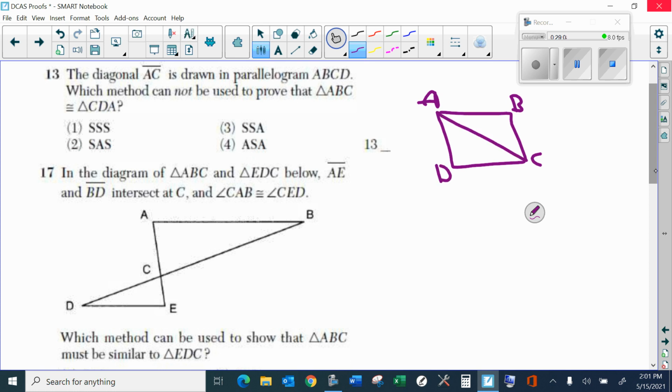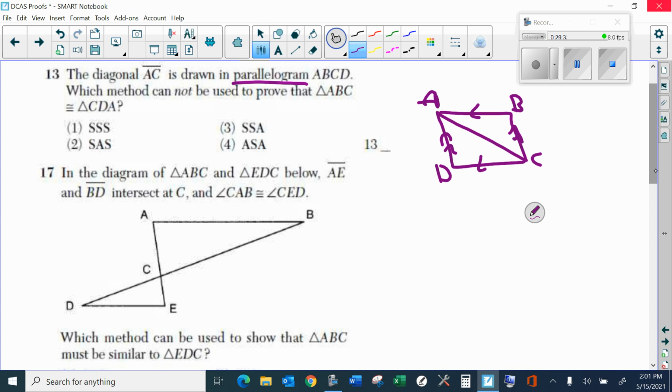The diagonal is drawn right there. And it's a parallelogram. So we know that this is parallel to this. This is parallel to this. Then we have AIA that we can use and reflexive property to get the two triangles congruent. Which method cannot be used to prove triangle ABC is congruent to CDA?